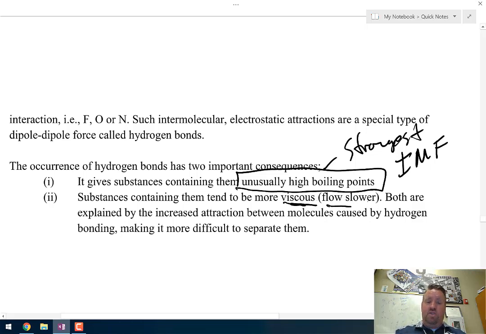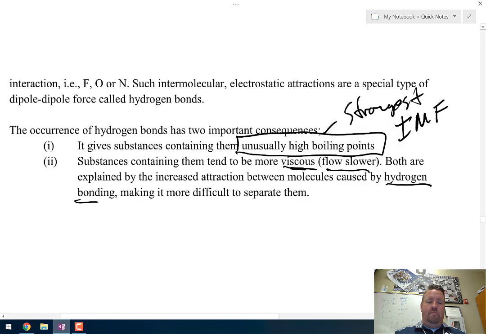They flow slower because they're more attracted to each other, so it's harder for them to move away from each other. Basically, as you pour things, the molecules have to separate from each other so they can move. Both of these ideas are explained by the increased attraction between molecules caused by hydrogen bonding.